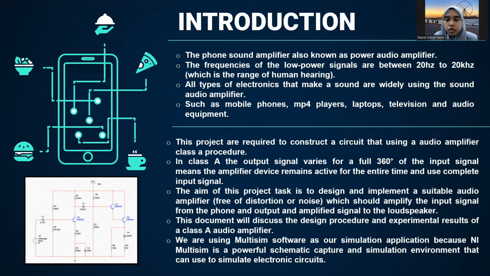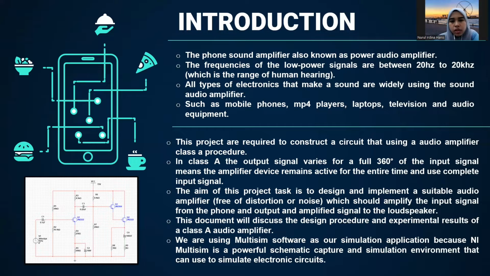Furthermore, the frequency of the low power signals is between 20 Hz and 20 kHz, which is the range of human hearing. All types of electronics that make a sound widely use the sound audio amplifier, such as mobile phones, MP4 players, laptops, televisions, and also audio equipment.